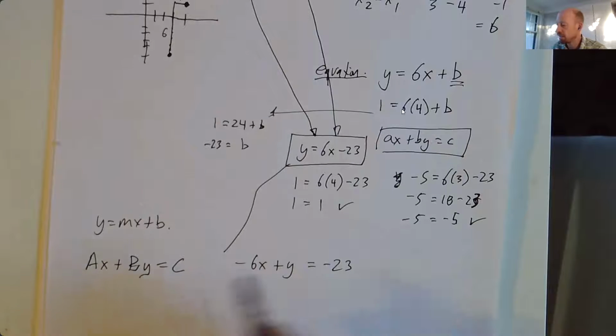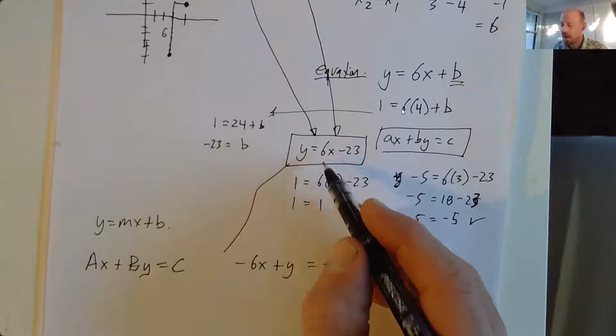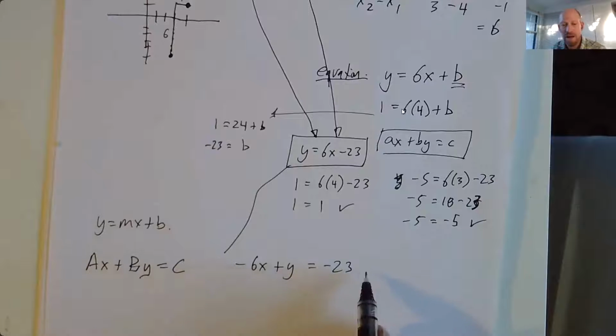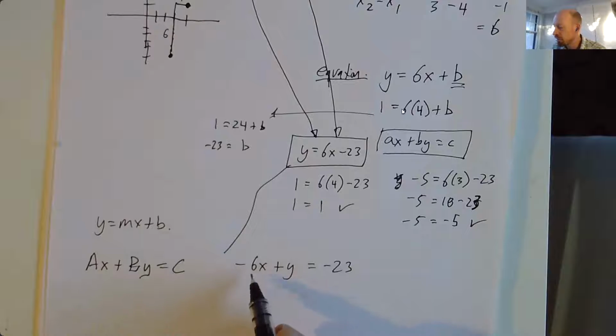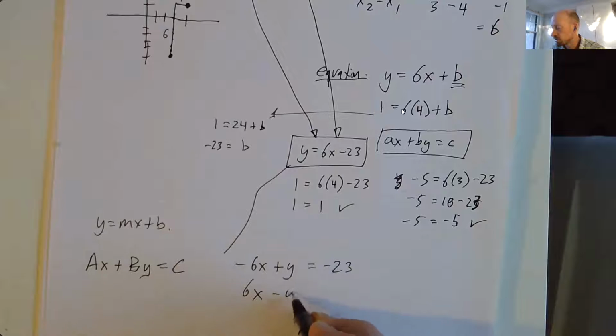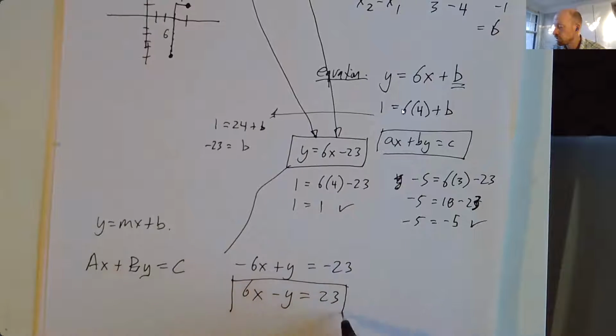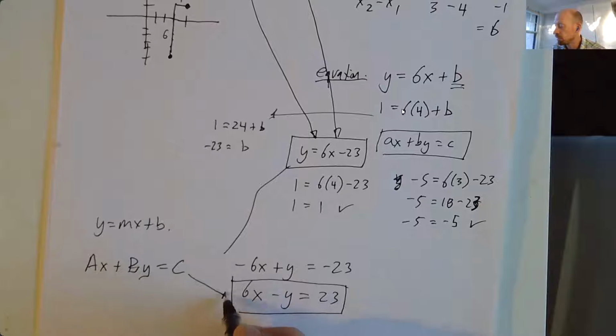So if I had like 6/5, I'd multiply everything by 5 to clear out those denominators. I don't think they care if you have a negative 6x. I would probably multiply both sides by a negative just because I feel more comfortable with that version. So this would be what they're looking for if they're asking it in that form.